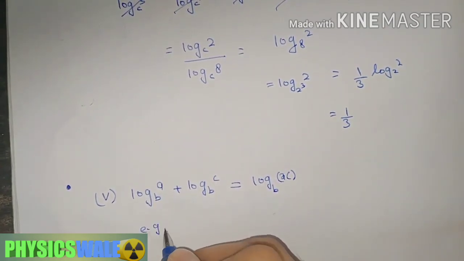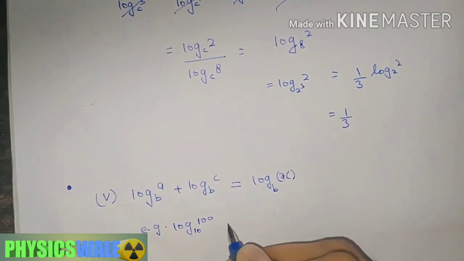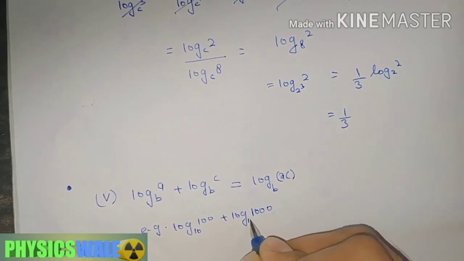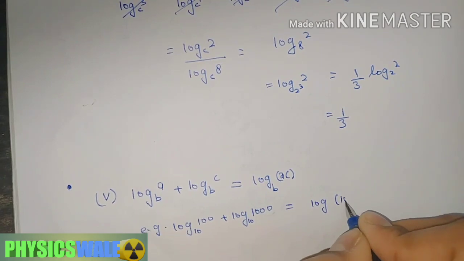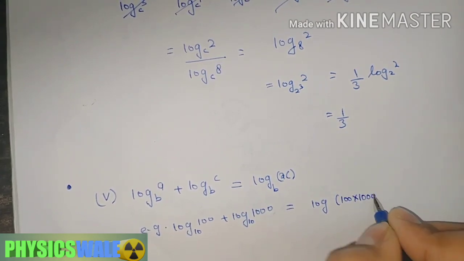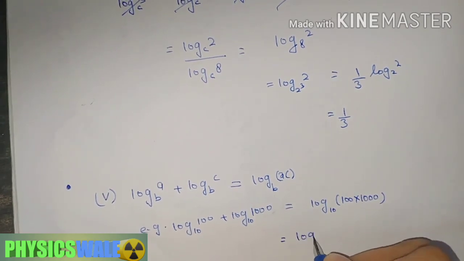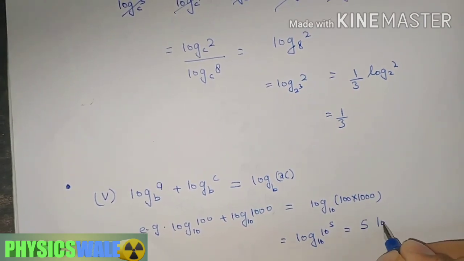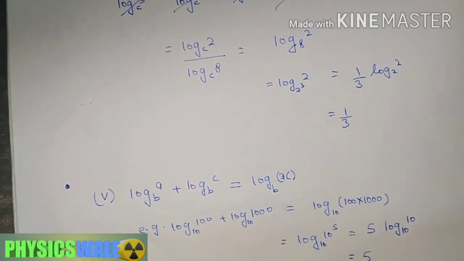For example, log of 100 to the base 10 plus log of 1000 to the base 10 is equal to log of 100 into 1000 to the base 10. This becomes log of 10 raised to the power 5 to the base 10. It becomes 5 times log of 10 to the base 10, which is 5.